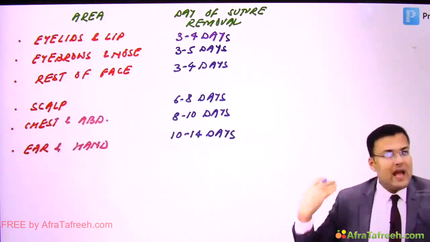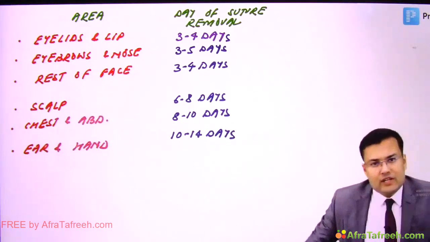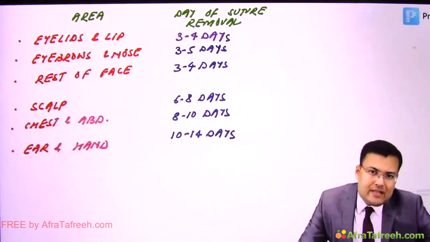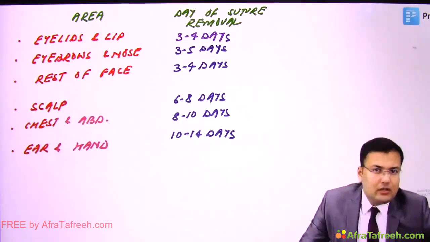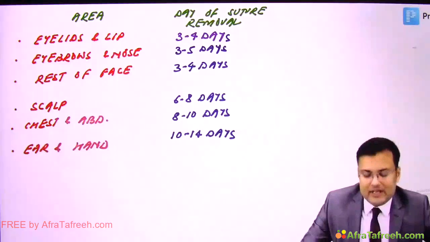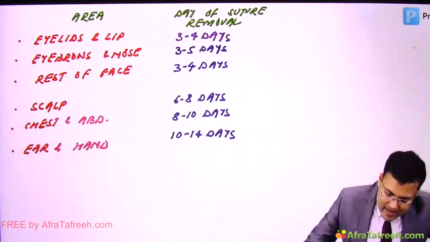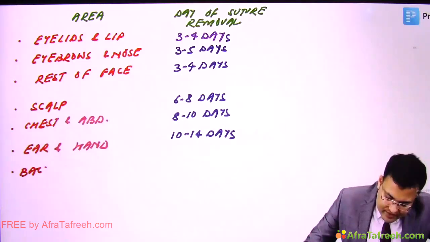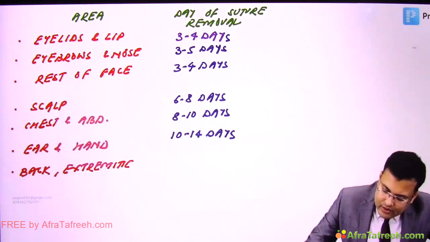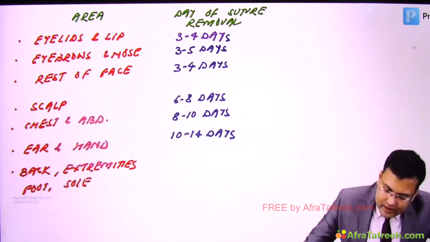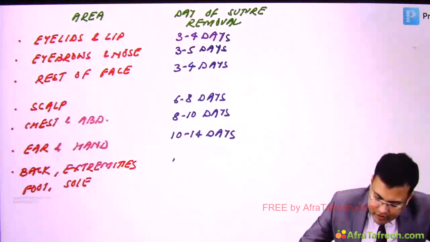And if you see back, extremities, foot and sole, here the sutures are removed in 12 to 14 days, right? So back, extremities, foot and sole, here we remove the sutures in 12 to 14 days.